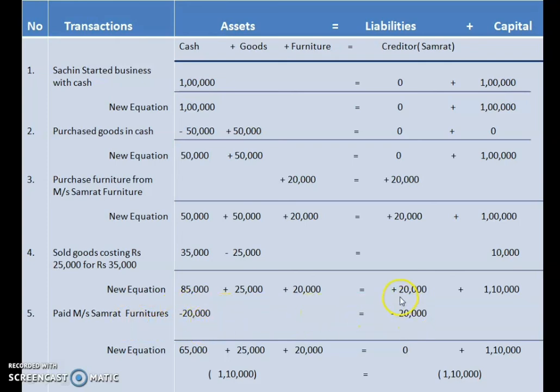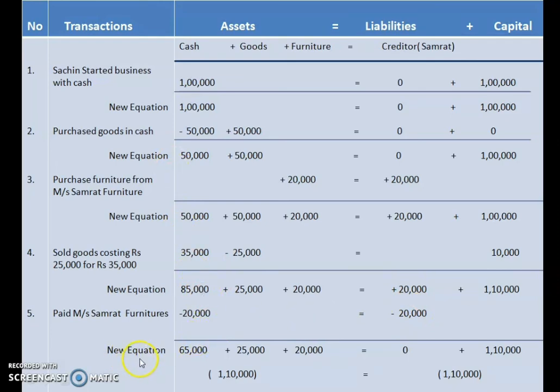And from creditors, Samrat will be cancelled. Samrat was our creditor, so as we pay him 20,000, the creditors list has decreased by 20,000. That means there is zero balance or zero creditor with us. Okay, so this is how we have to do this problem.